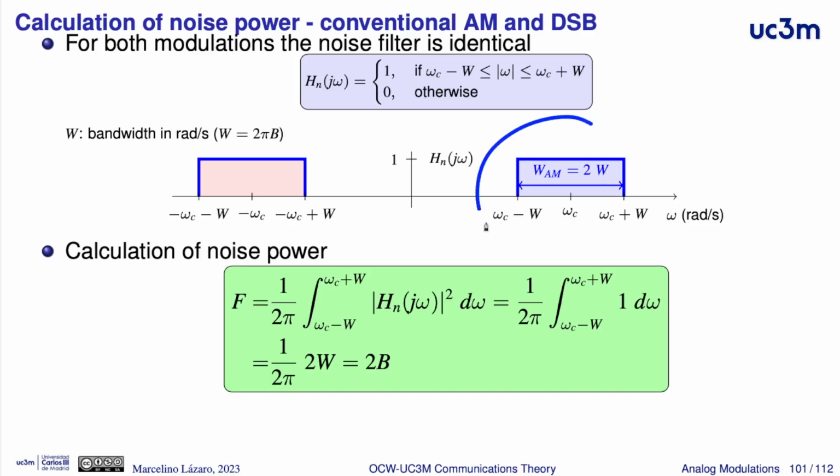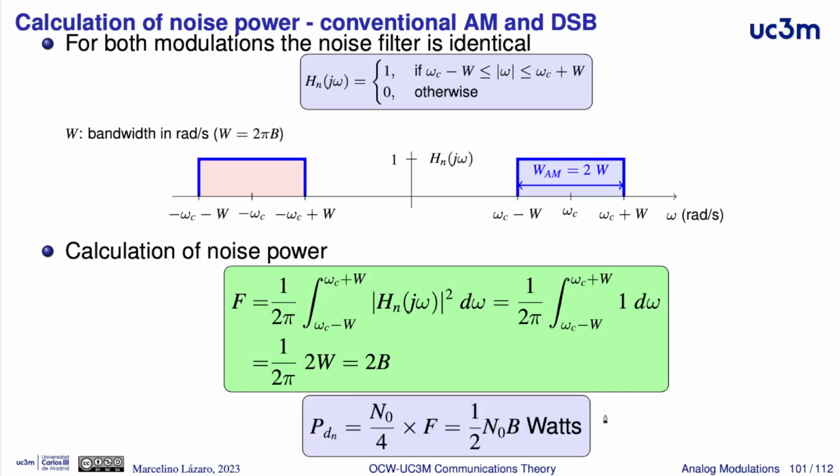Basically, the integral of this ideal response is equal to the bandwidth that we have in this range, that is 2 times B in hertz. Therefore, the noise power at the output of a coherent receiver for these modulations is this integral times 1/4 of N0, which is equal to 1/2 of the product between N0 and the bandwidth in hertz of the modulating signal.